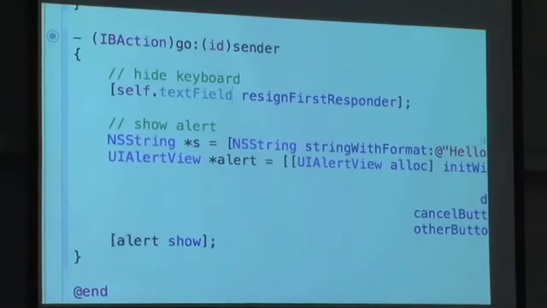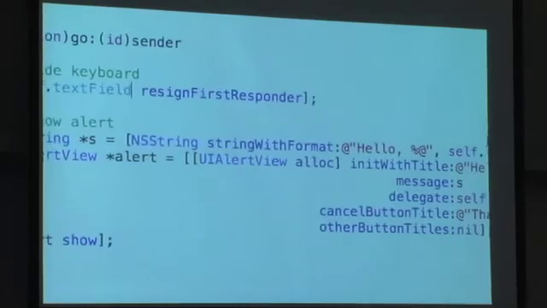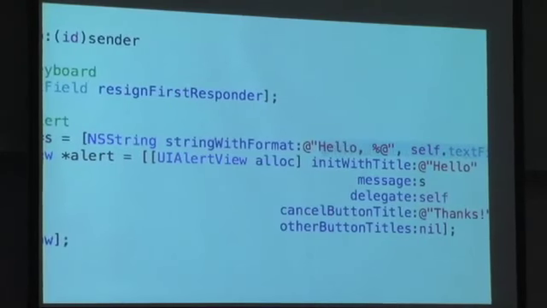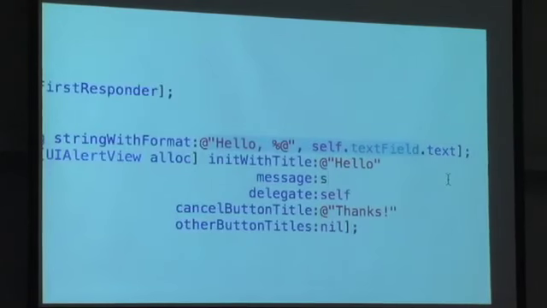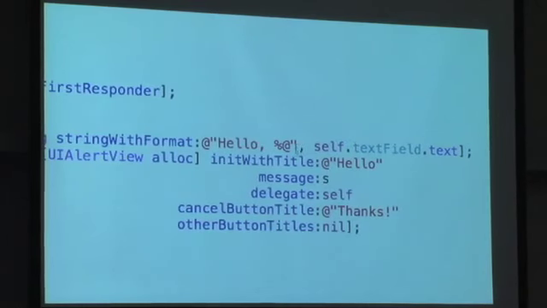So lastly, this just does the alerting. So NSString, I'm just constructing a string with a format. So this is very reminiscent of printf. Realize again that self.textField is a text field object. It's a UITextField object, but we actually want the .text property, which gives us back what data type probably? An NSString. And you can infer that because it's being plugged into this placeholder here.